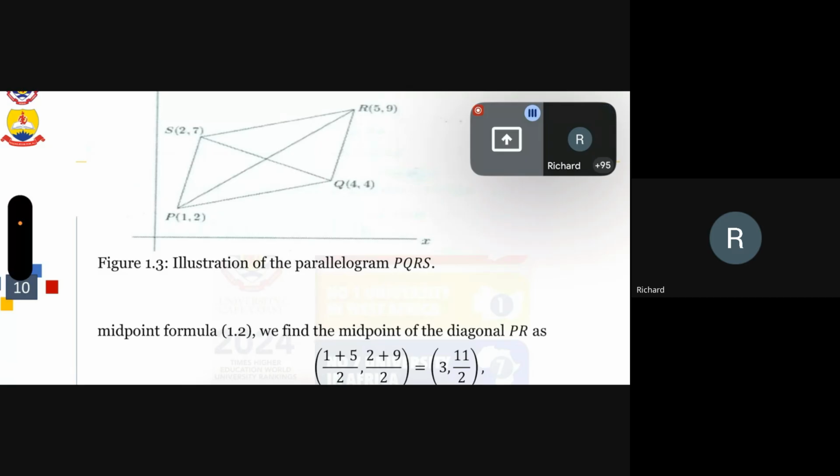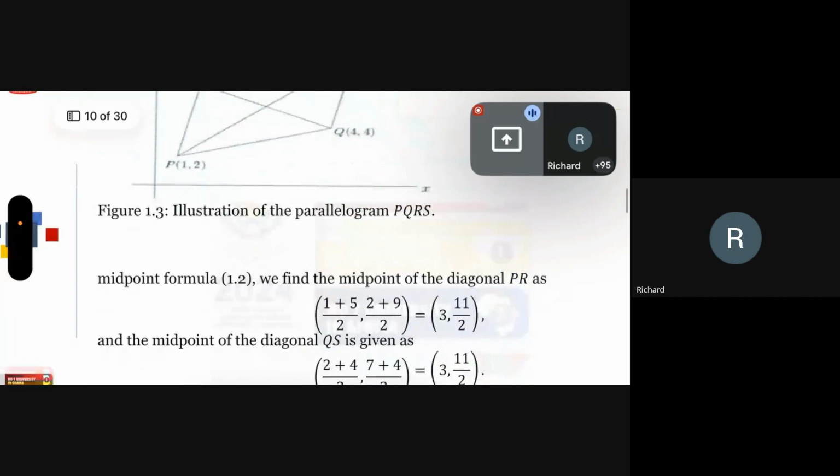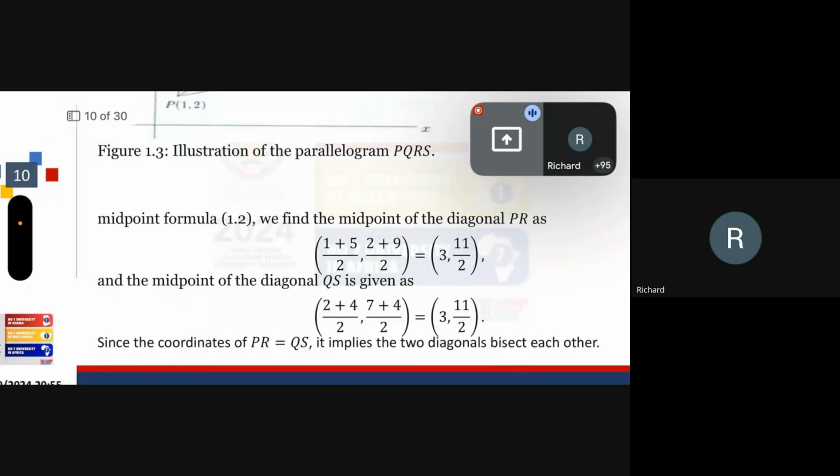Then you find 9 plus 2, which is 11, divided by 2, which is 11 over 2. So you can see that for both, the midpoint is 3, 11 on 2. Are you following?